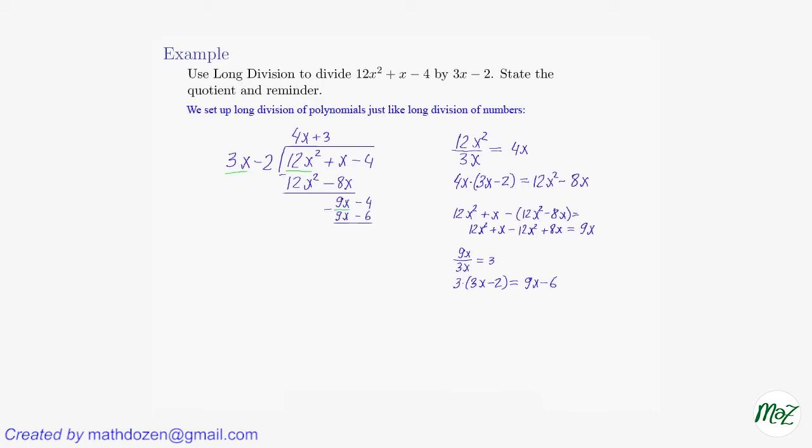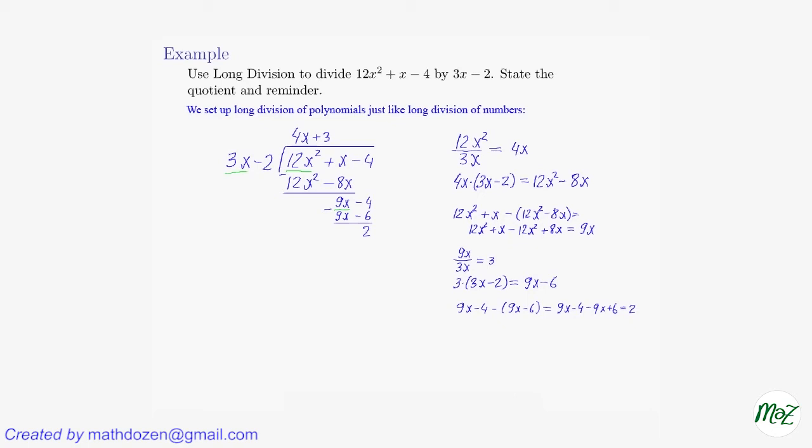So 9x minus 6 goes below that term, and we get another subtraction going on. 9x minus 4 subtracted by 9x minus 6: distribute the negative, and we get 9x minus 4 minus 9x plus 6. All of that is 2. So we get 2 as the remainder.